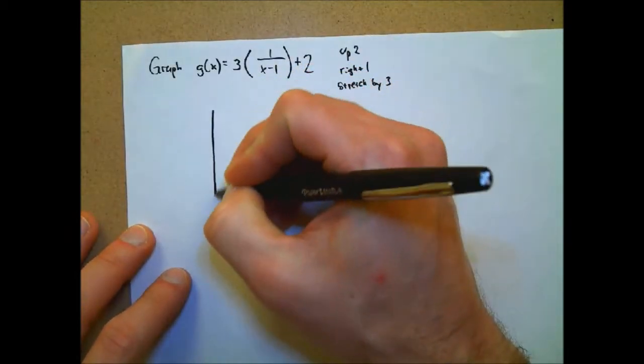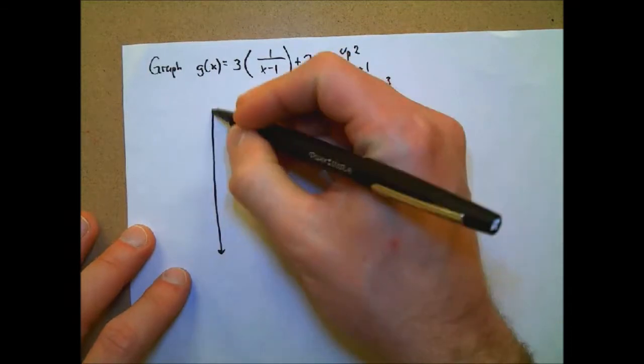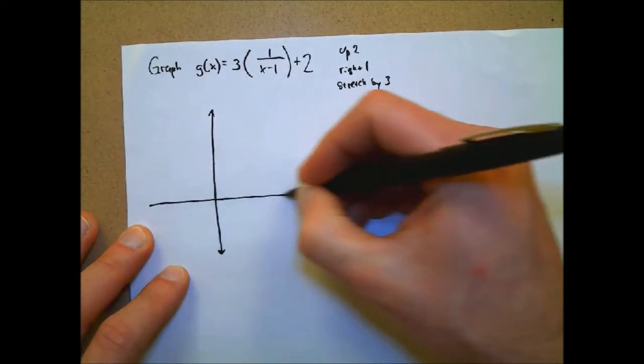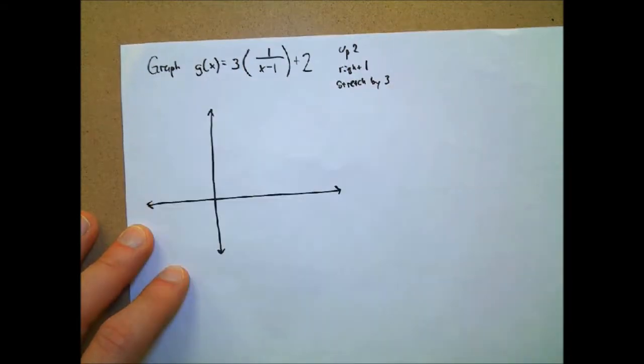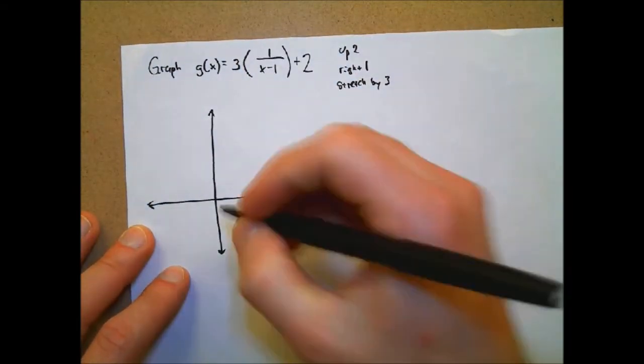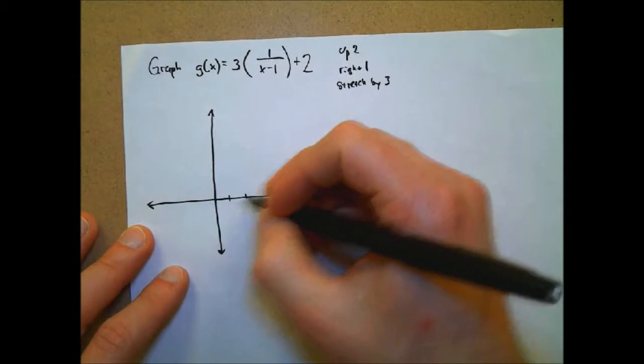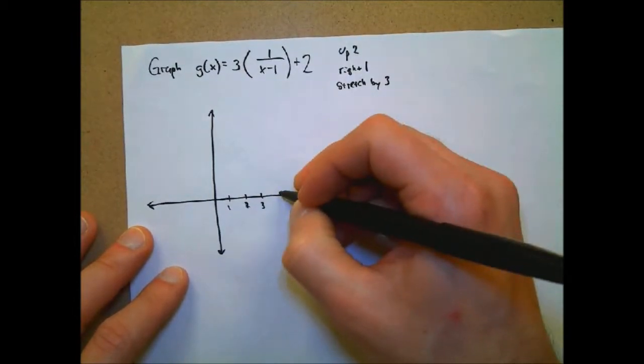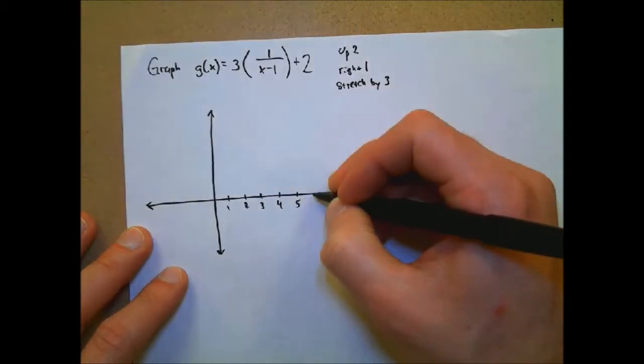So I'll draw my axes here. Okay, and we'll put in some numbers. So 1, 2, 3, 4, 5, 6.